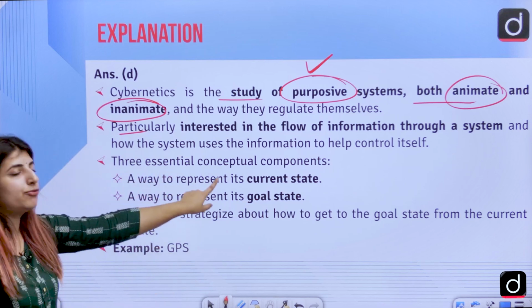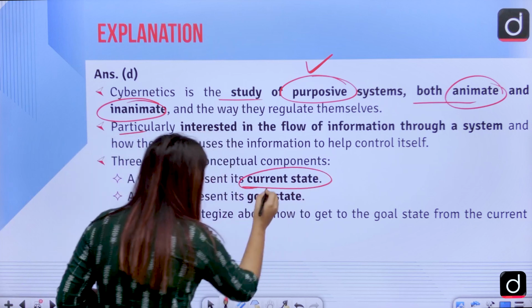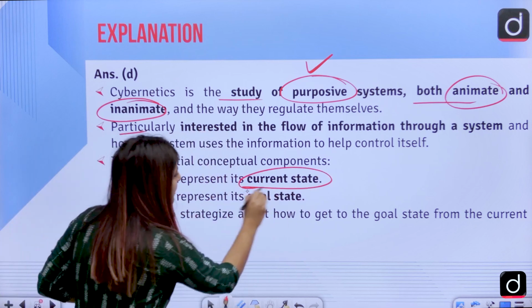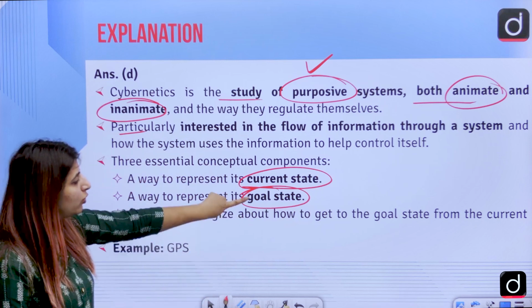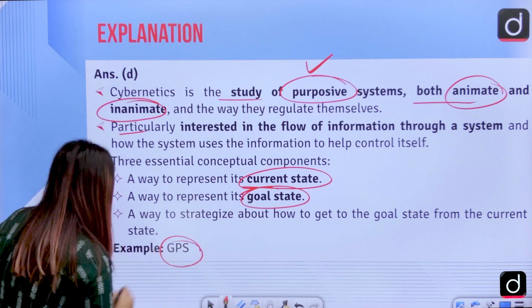Three essential conceptual components are there. A way to represent its current state. Then we have the goal state and how to reach the goal state from the current state. Let's just see it with the example of a GPS.